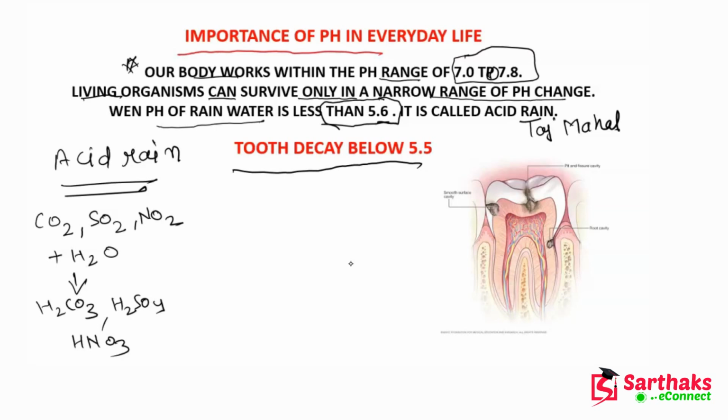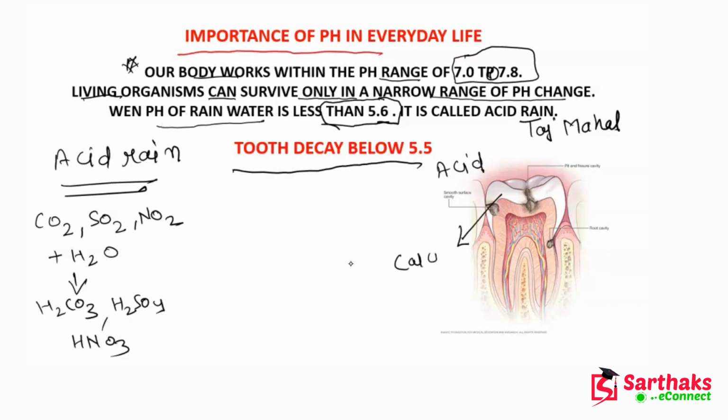This remaining food is then consumed by the bacteria in our mouth. When these bacteria consume the remaining food, they produce some type of acid. Whenever bacteria consume food, they produce acid. So guys, what happens? A tooth has a shiny layer of calcium phosphate.